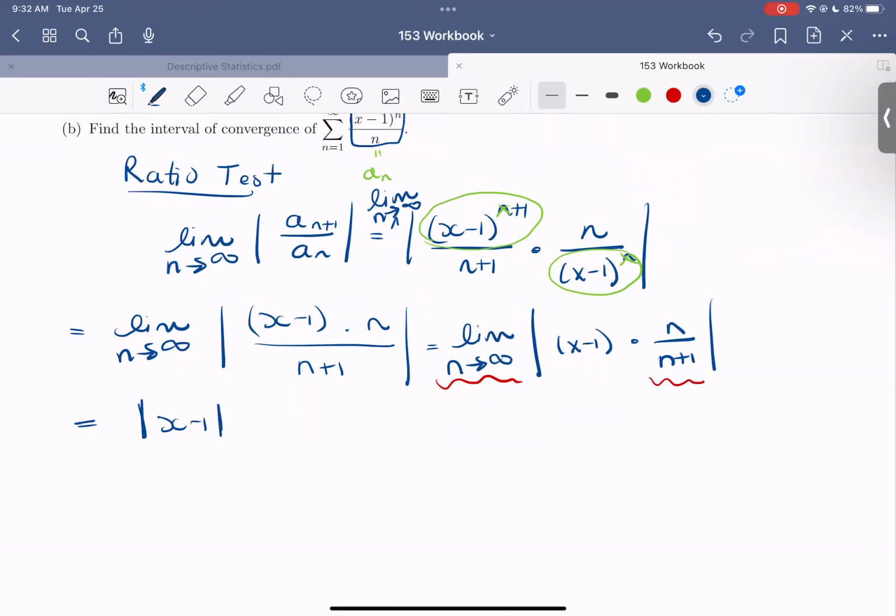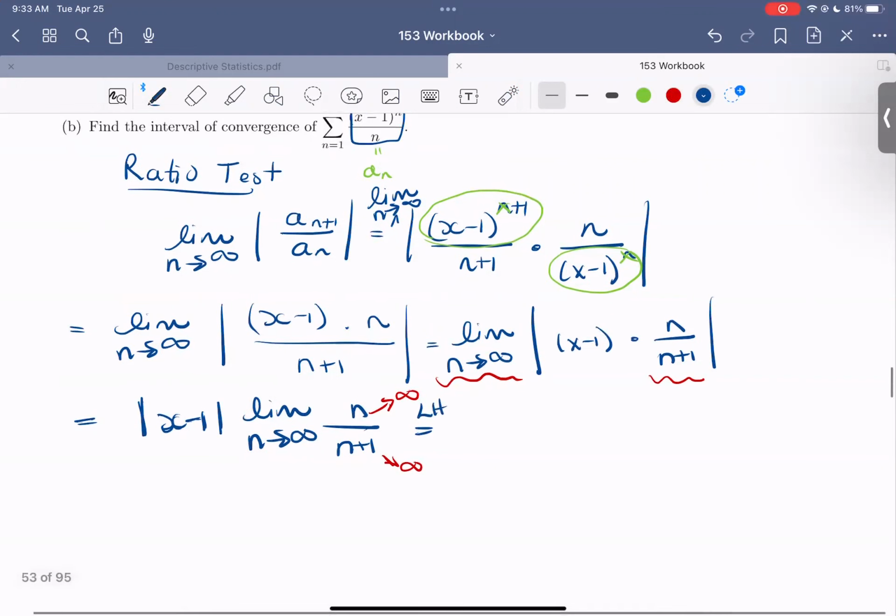So I get the absolute value of x minus 1 times the limit as n goes to infinity of n over n plus 1. Let's consider this limit as n goes to infinity of n over n plus 1. Notice here we have both the numerator and denominator going to infinity. That means we can use L'Hopital's rule.